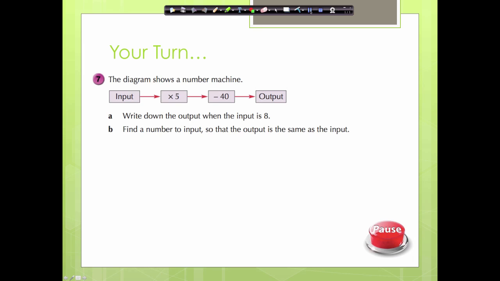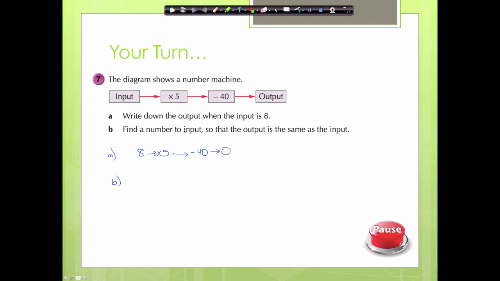Okay, so for part A, we want to put in 8. So there's my 8, put it in, I times it by 5, which gives me 40, minus the 40, and my output is going to be 0, so my answer is 0. For part B, I want to find a number so that the input is the same as the output.